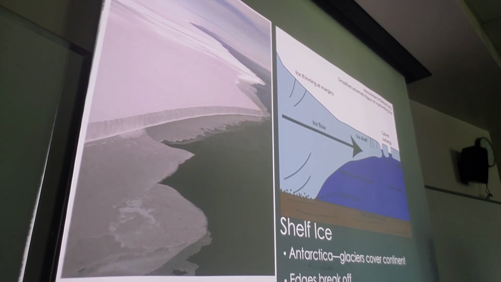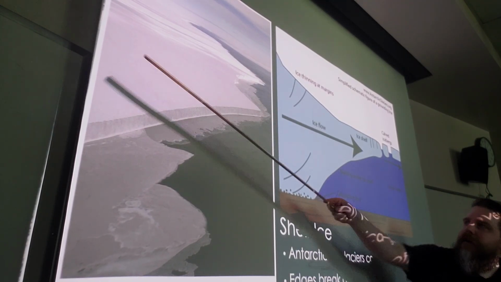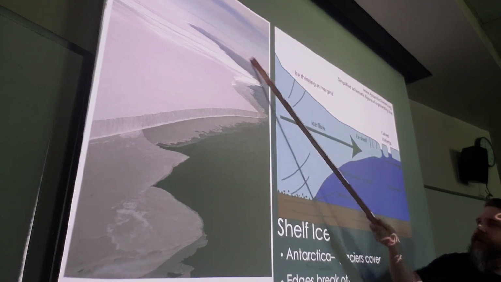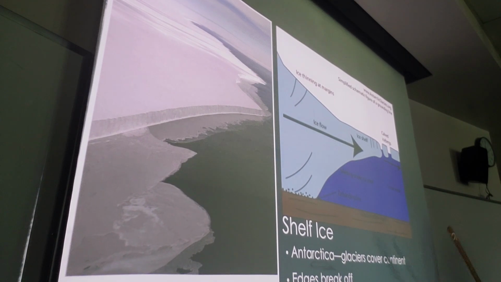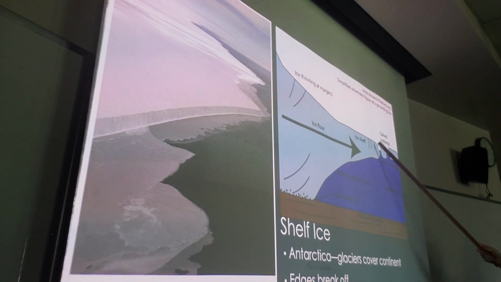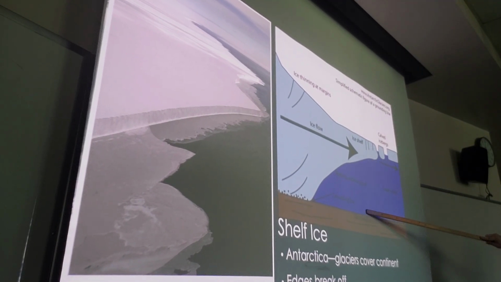This is an example over on this side, where we have a large glacier over here, and then a partially floating ice shelf protruding out into the ocean. It's partially floating because it's being supported. If you drew a free body diagram of the ice shelf, there'd be a force pointing down, the gravitational force.